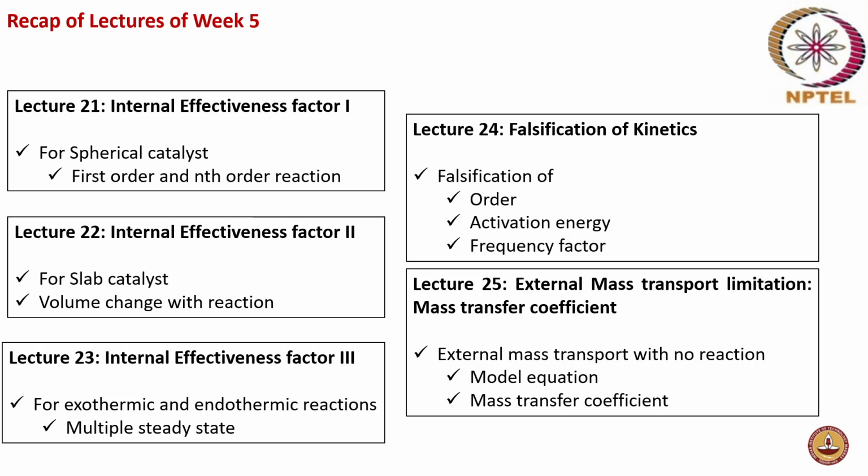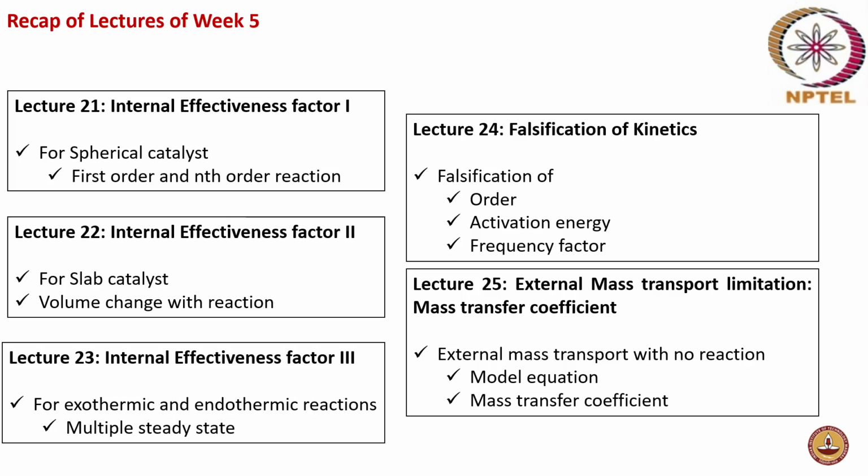The last lecture of the week initiated external mass transport limitation. As we know, a catalytic reaction is a 7-stage process, where the first and last stages involve external mass transport.